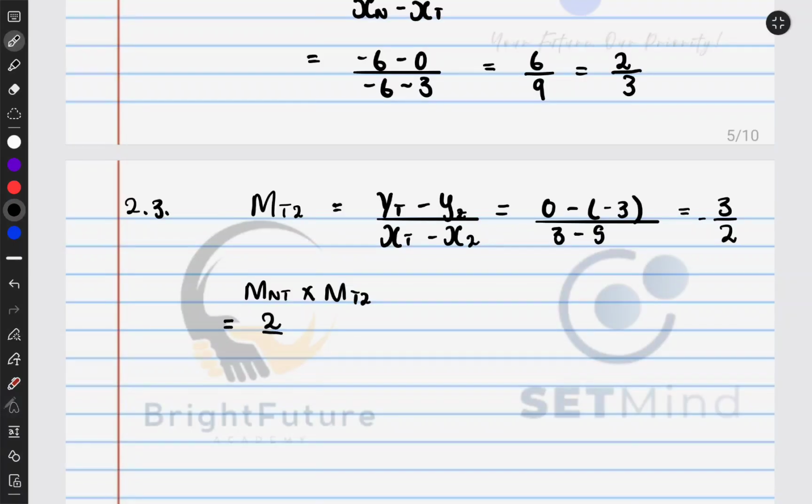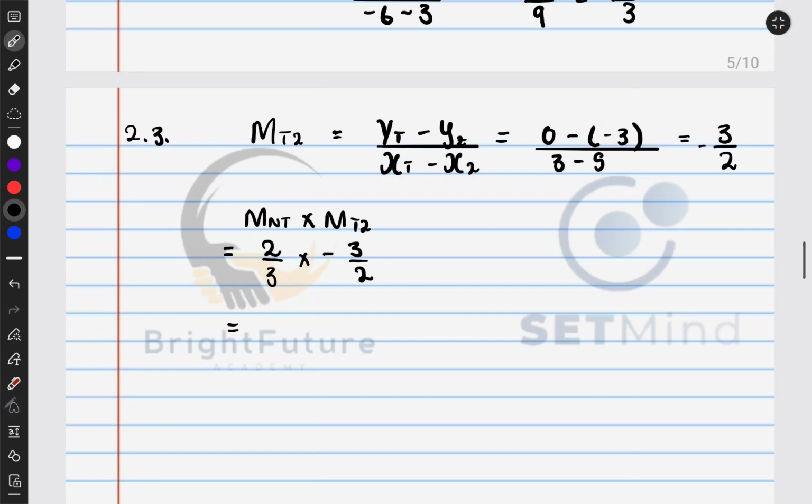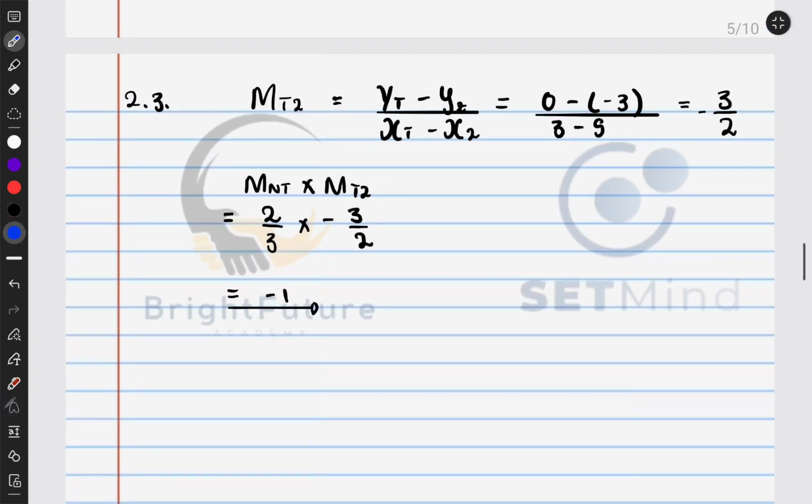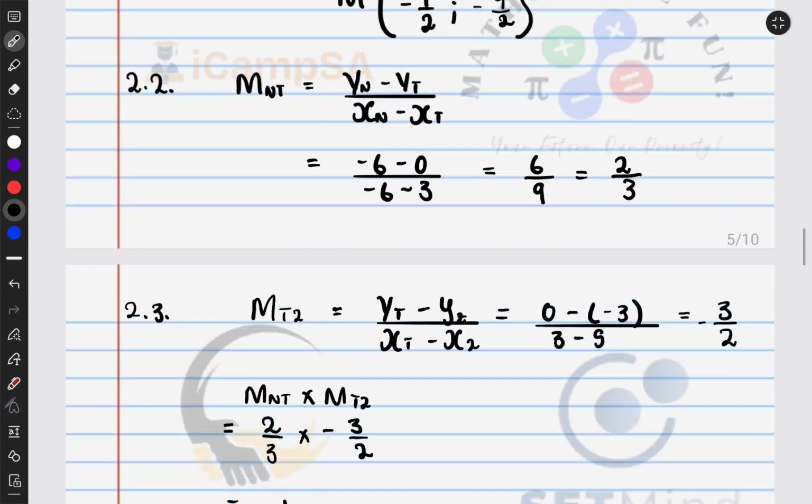The gradient of NT is 2 over 3 multiplied by -3 over 2, and if you punch this in a calculator, you will indeed get -1. Therefore we can confirm that line NT is perpendicular to line TZ, not line TW.